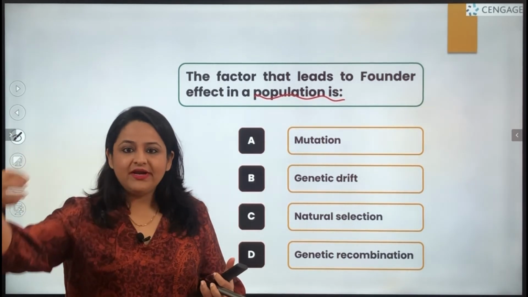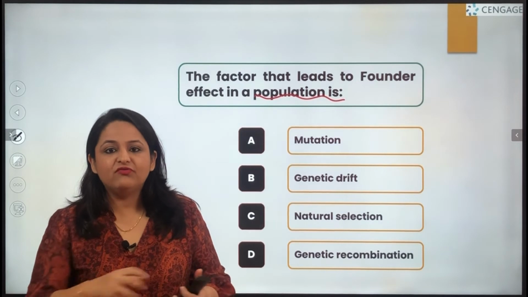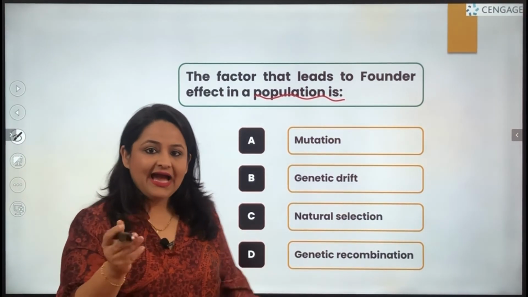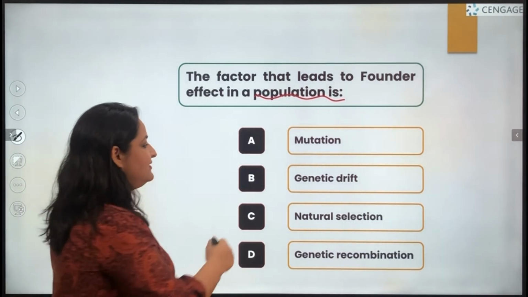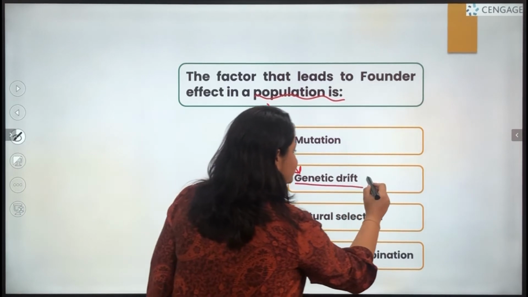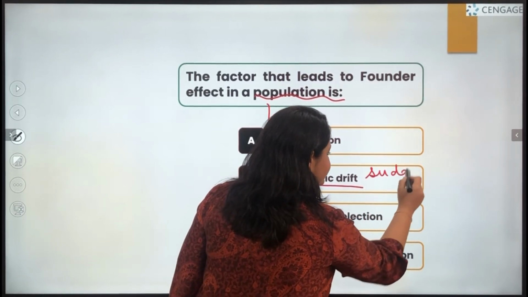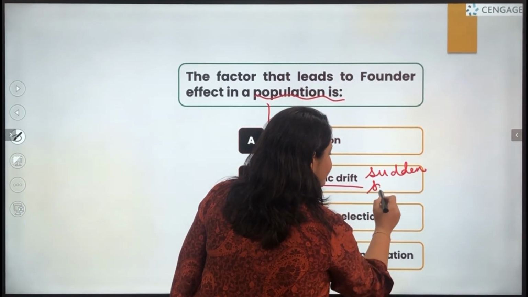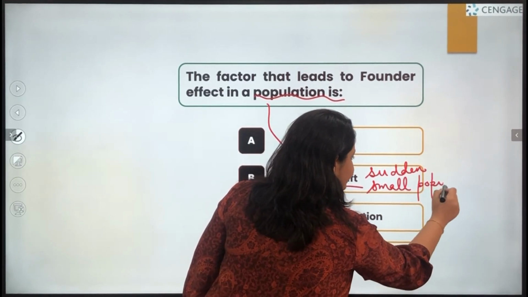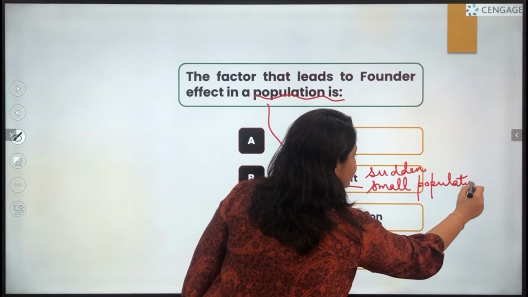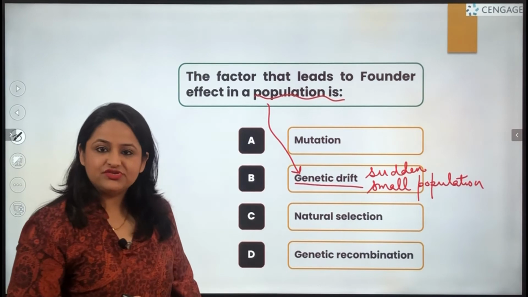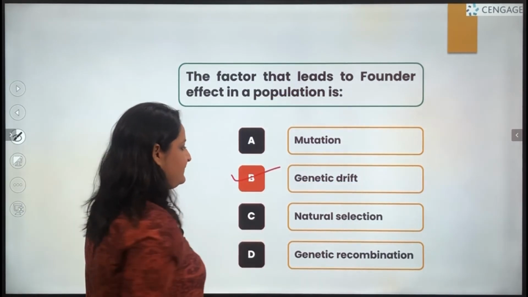So this movement of a group of some people from a population is known as founder effect. And founder effect falls under the criteria of genetic drift, which refers to a sudden change generally seen in small populations. So one example of genetic drift is founder effect. So the answer of this question will be B.